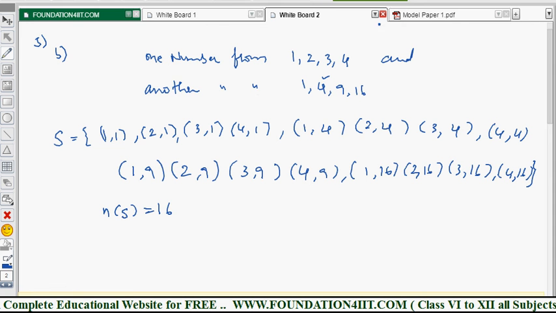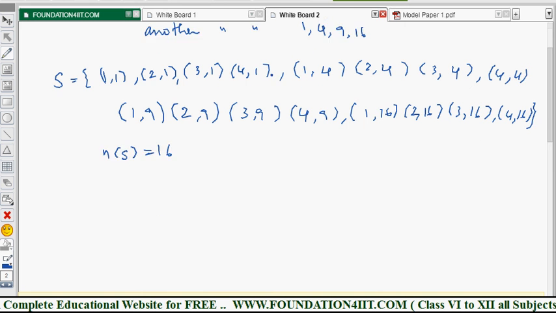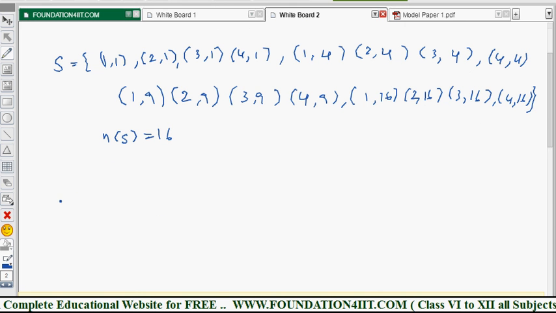Now if you observe the question, the product of the two numbers is less than or equal to 16. No other condition. So that event is the product of two numbers is less than or equal to 16.